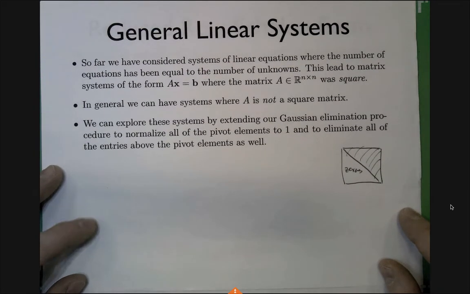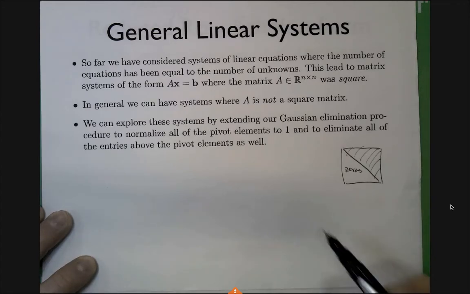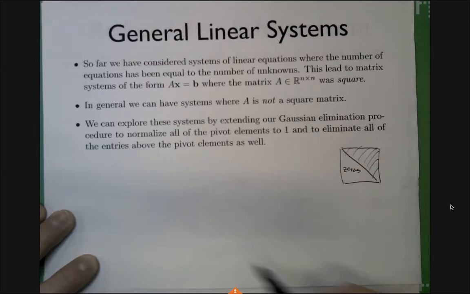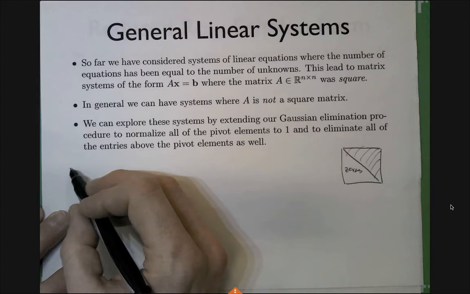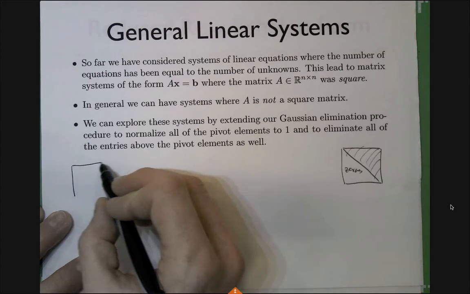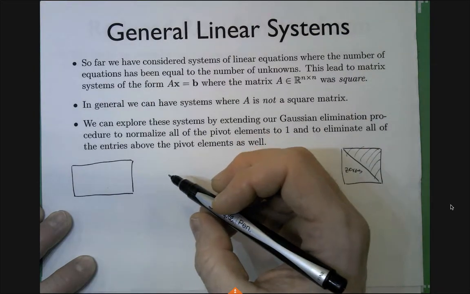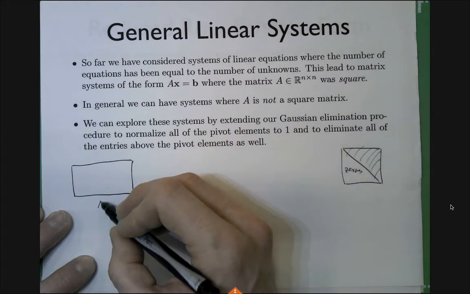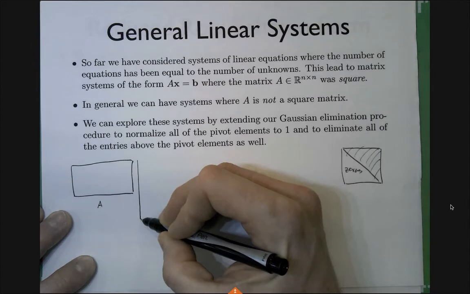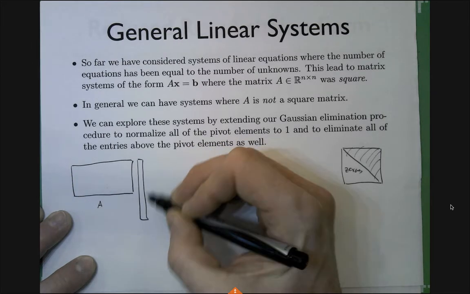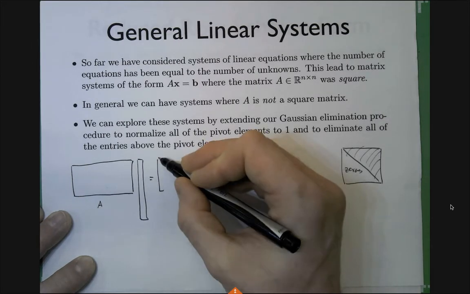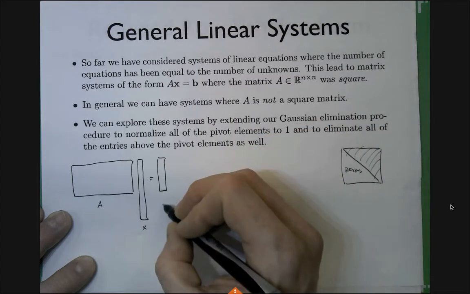So there are basically two cases. When we are talking about general matrices, they can either be fat and short, so this would be a short and fat matrix times some x vector equals b. This is my x, this is my b.